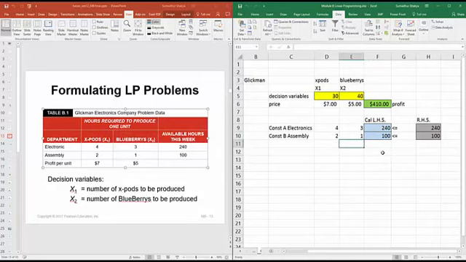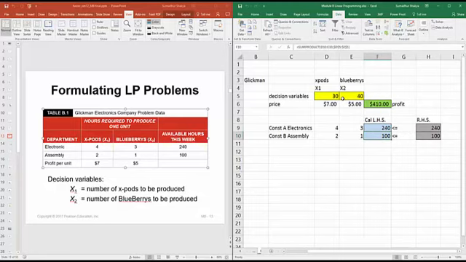Now, this is the ideal case scenario, wherein Excel told us that after changing all of these numbers multiple times, because the computer is faster than us, we should be making 30 xpods and 40 blueberries, such that our profit stands at $410, and we end up using all of our electronics time of 240 hours and all of the assembly time, which is 100 hours.